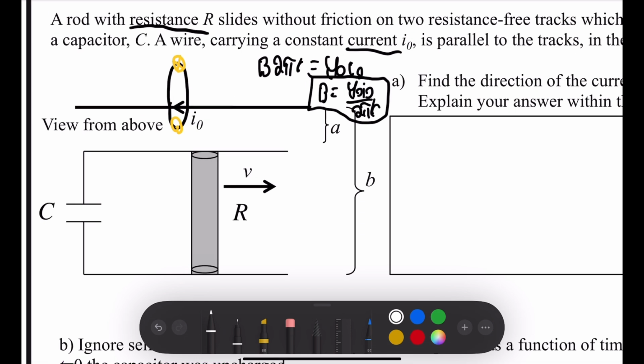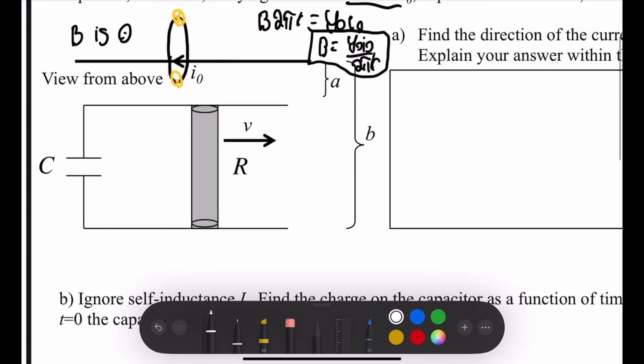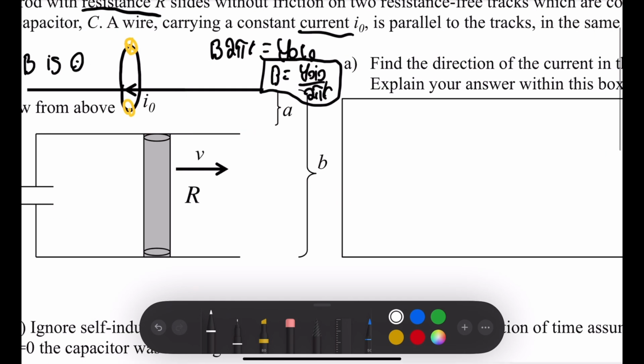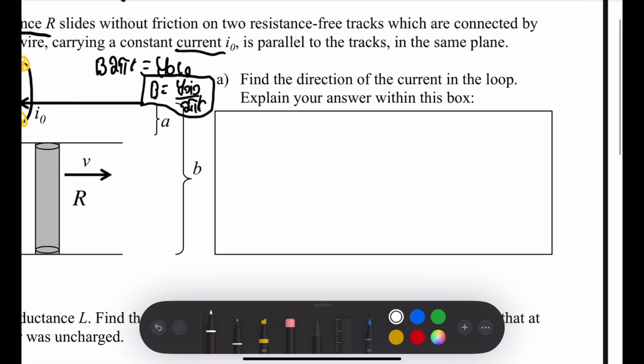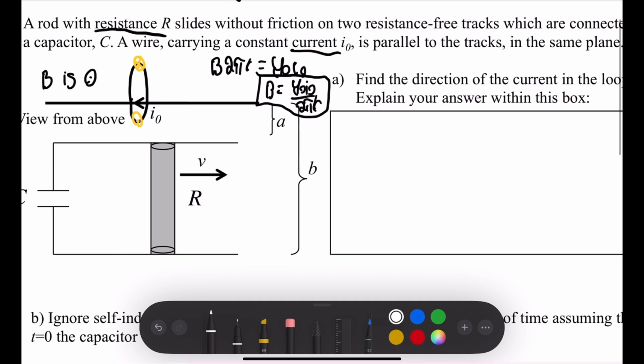So I will put something like B is out or something for reference. And then now we can apply Lenz's law now that we know the direction of the magnetic field. So in this case, we're pulling the rod to the right, right?